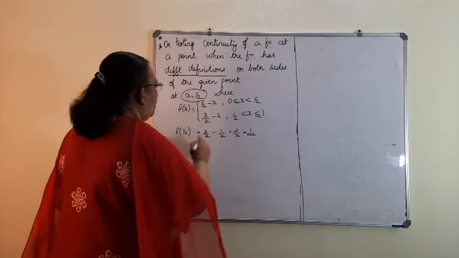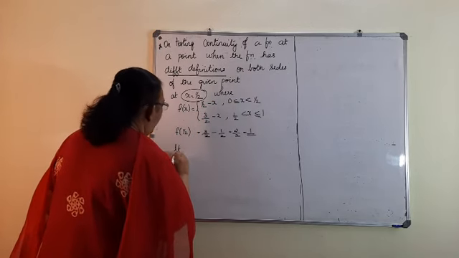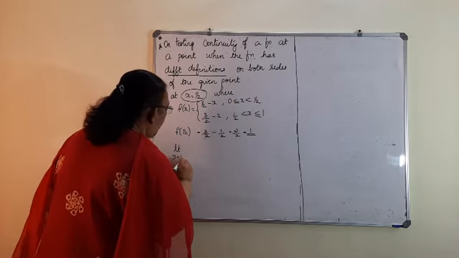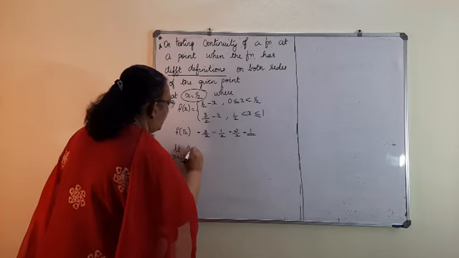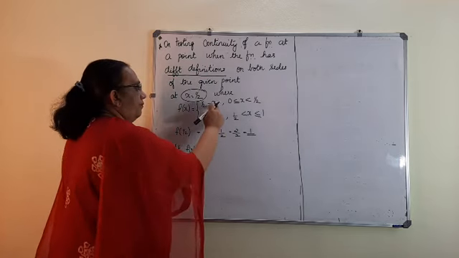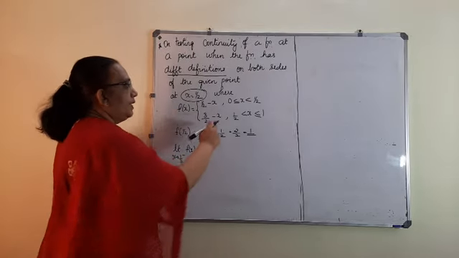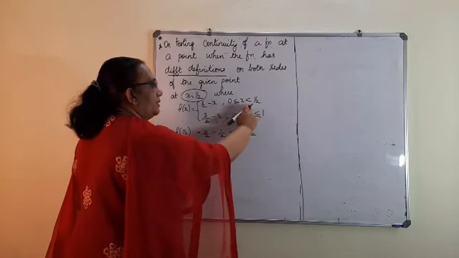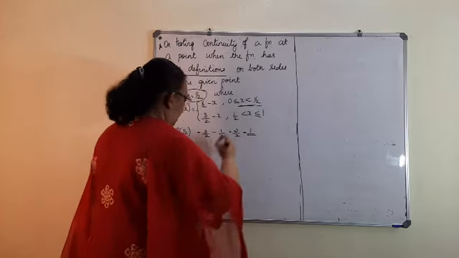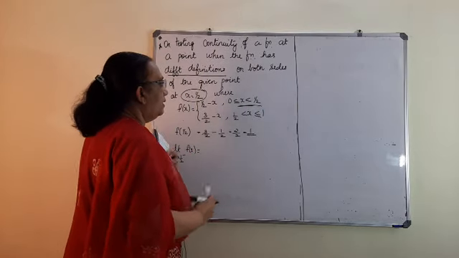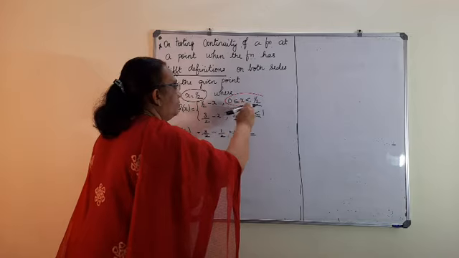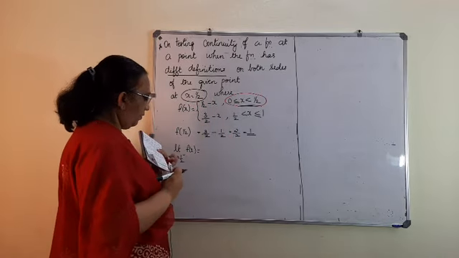For x less than 1 by 2, limit x tending to 1 by 2 minus f of x: which function are you going to take, the first or the second? You will take the first function, because x is less than 1 by 2.